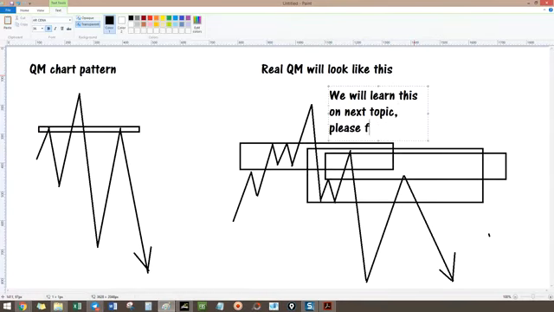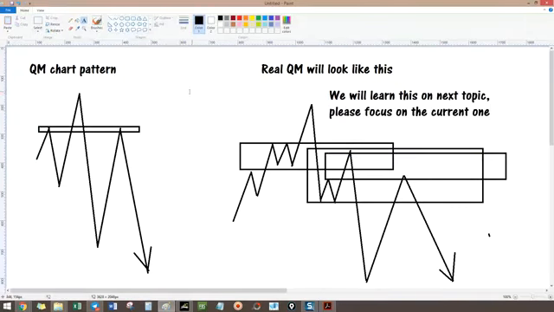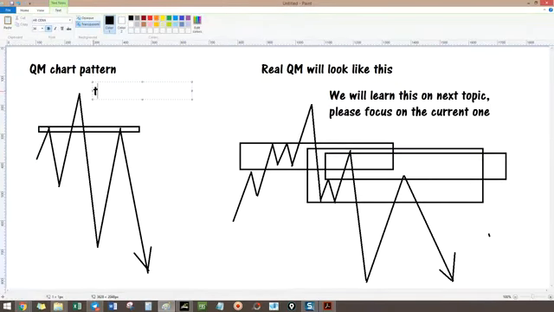Please focus on the current one. Today's topic is pattern recognition.